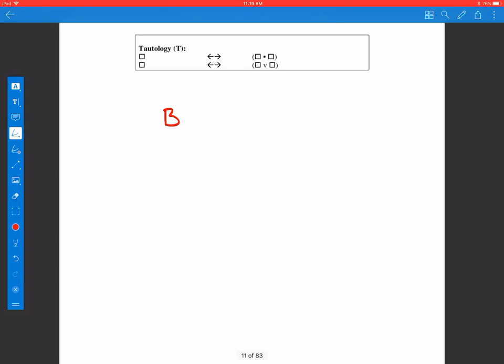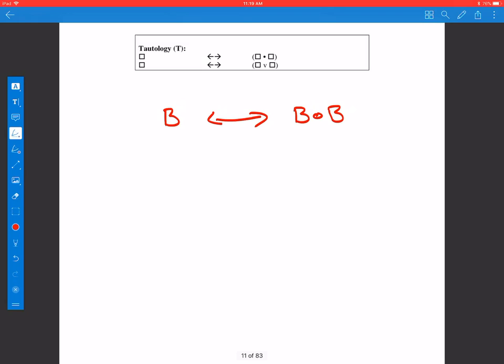Okay. So what tautology allows us to do is if we have, say, something like B, we can write an equivalent expression, B and B, okay?